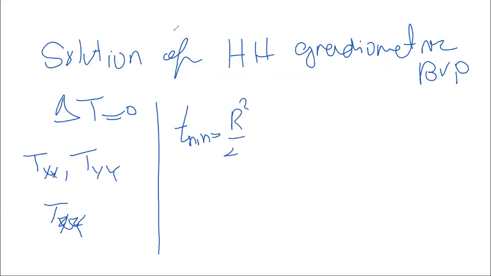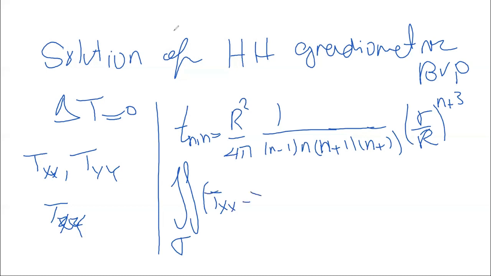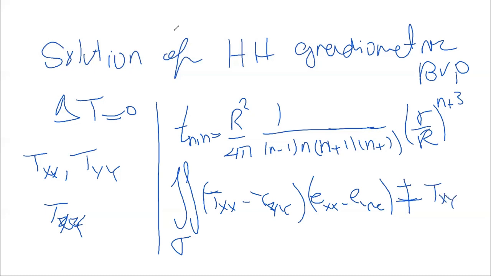It will be R^2 over 4 pi, 1 over (n-1)(n+1)(n+2), (R/r)^(n+3), integral of Txx minus Tyy multiplied by Exx minus Eyy, plus Txy Exy, multiplied by the spherical harmonic, d sigma.